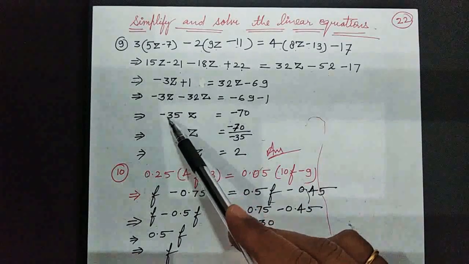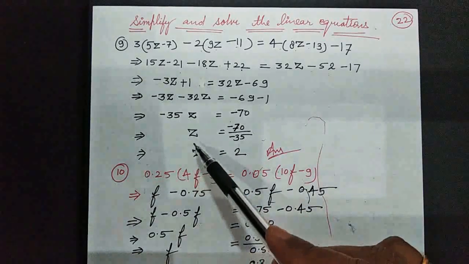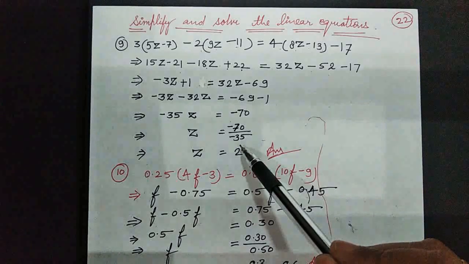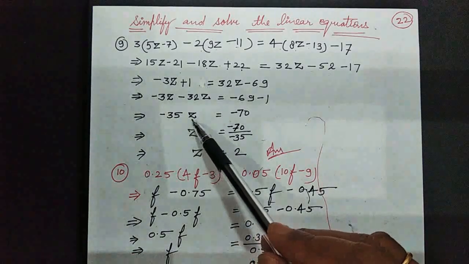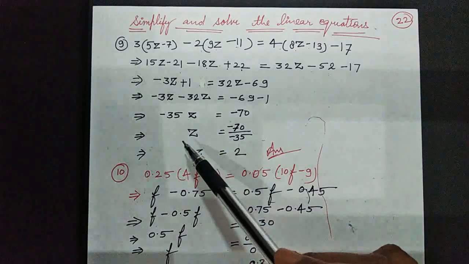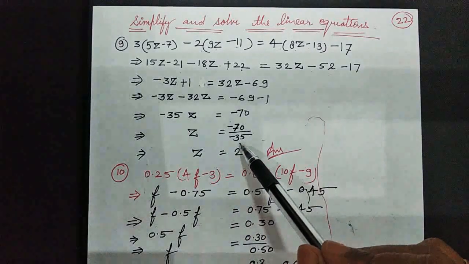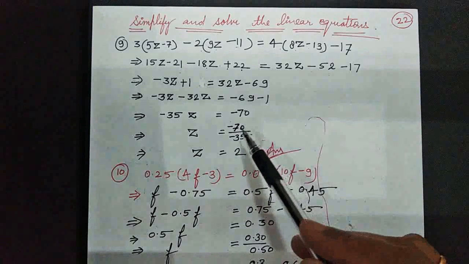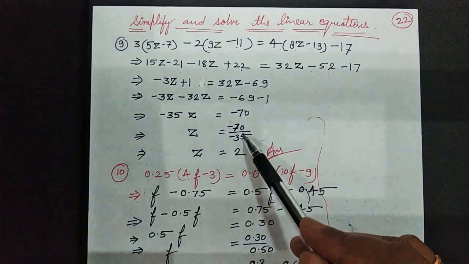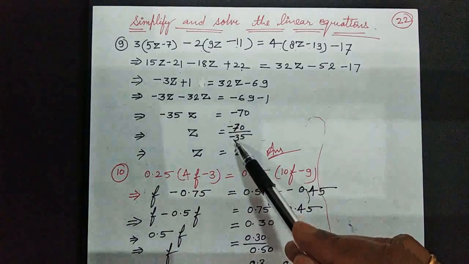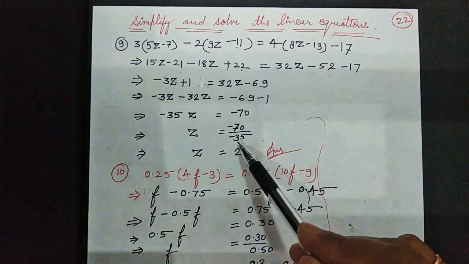Now minus 35 you will transpose to the right hand side, and here you can see minus 35 is in multiplication with z. So if you transpose it to the right hand side, it will come in division. So minus 70 upon minus 35. Here both numerator and denominator are negative.